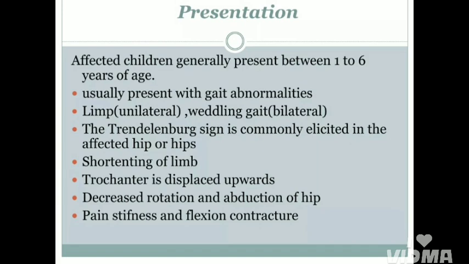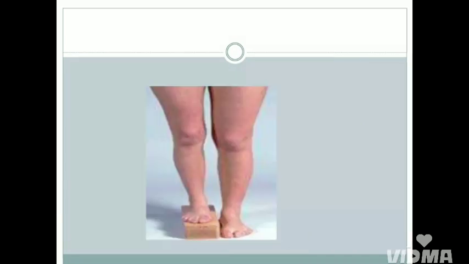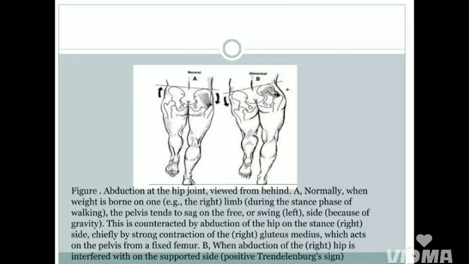So this is the picture. In this picture, abduction at the hip joint is viewed from behind. Normally, when the weight is borne on one limb, for example the right limb, during the stance phase of walking, the pelvis tends to sag on the free or swing left side because of gravity.